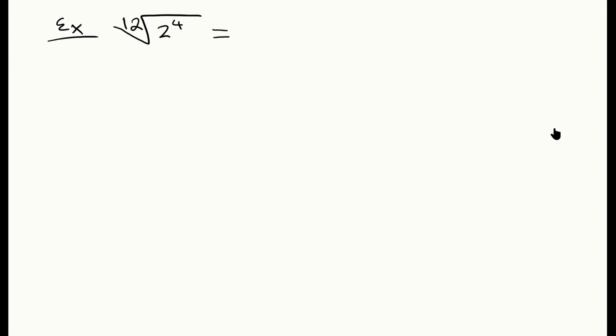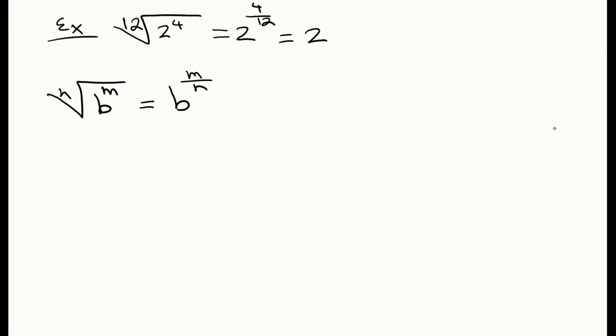So if you remember the rule, when you have the nth root of b to the m, it's b to the power of m over n. So using this rule, we get 2 to the power of 4 over 12, which can now be reduced, right? So we get 4 goes into 4 once, into 12 3 times.